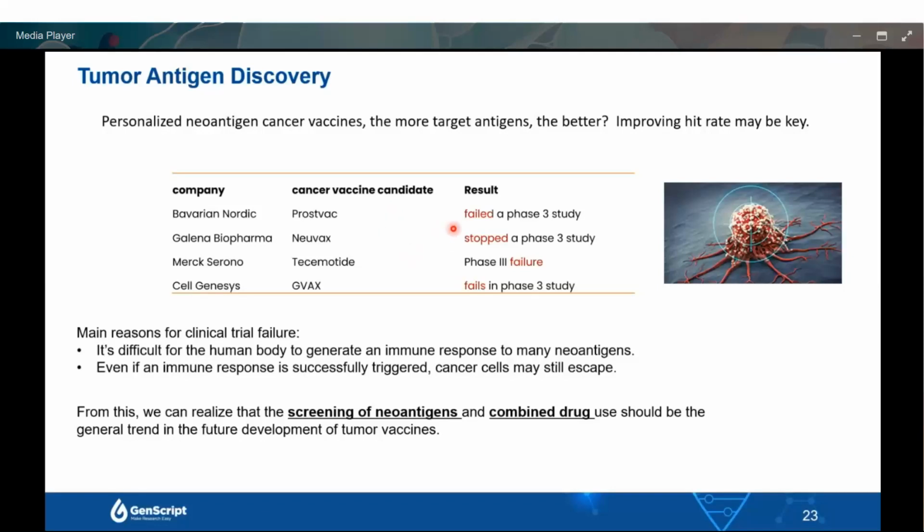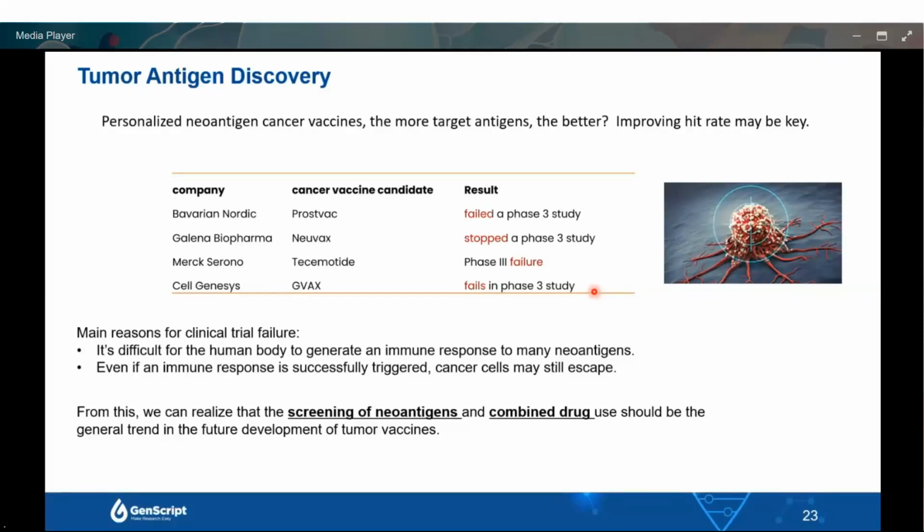The cancer vaccine candidates all failed in clinical study, and for now there's still no successful case launched. One of the reasons for clinical trial failure, we think, is that it's difficult for the human body to generate an immune response to many neoantigens.